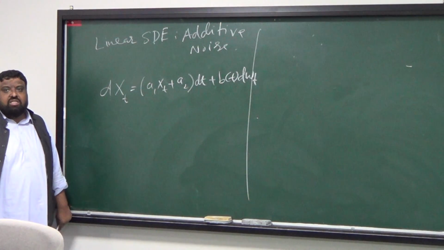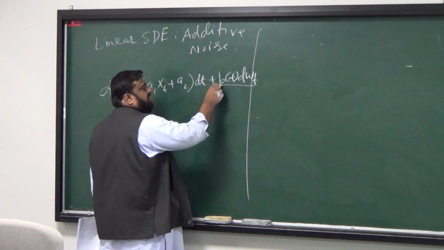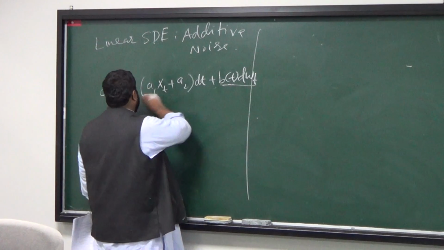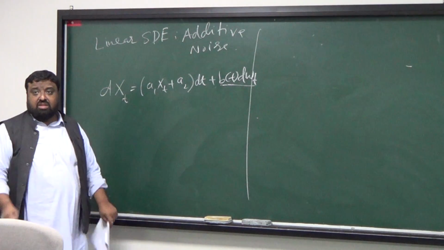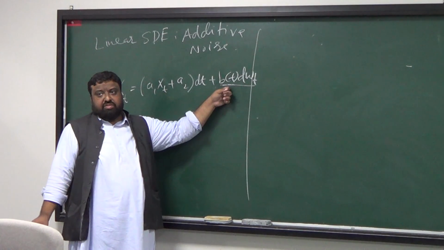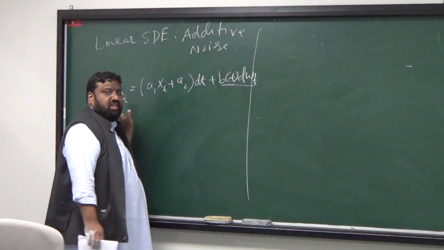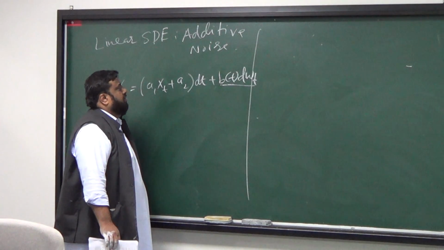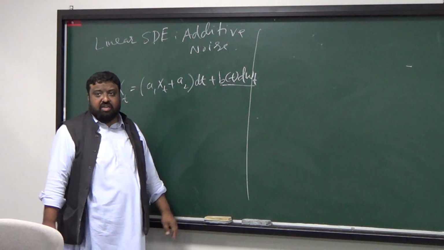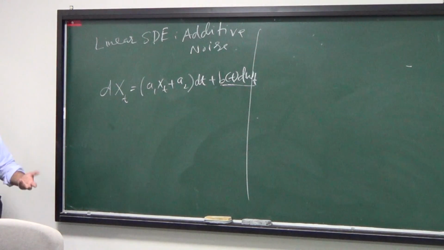By additive noise, I mean that the diffusion does not depend on x(t). It depends only on time. So any such SDE will be an SDE of the additive type.